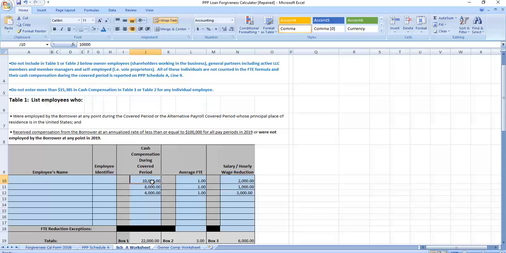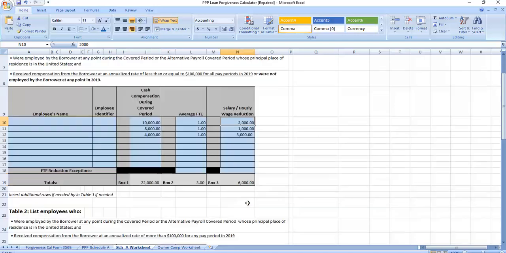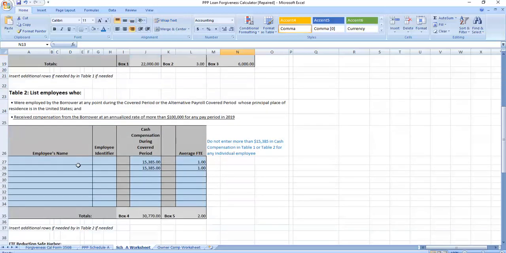If it is less in the covered period, then that amount is entered as a wage reduction. You know that if it is more than a 25% reduction, that does impact the loan forgiveness. Here we are entering a maximum of 15,385 based on the 100,000 calculation, so there is no question of reduction here as such.